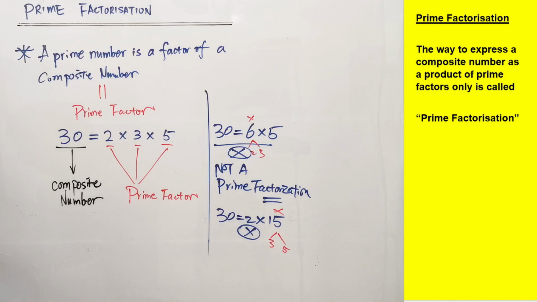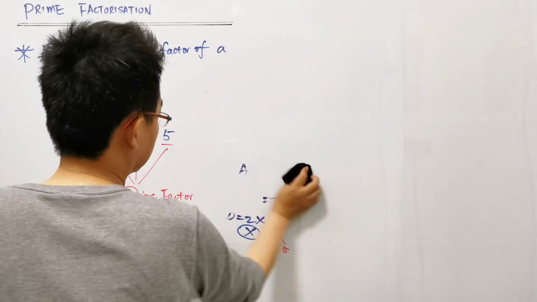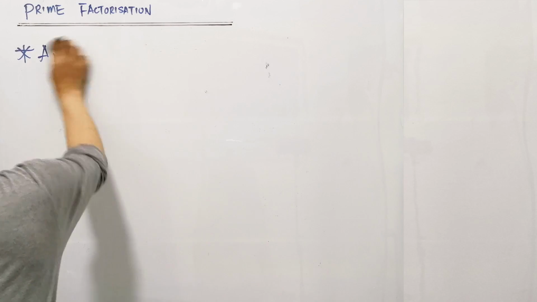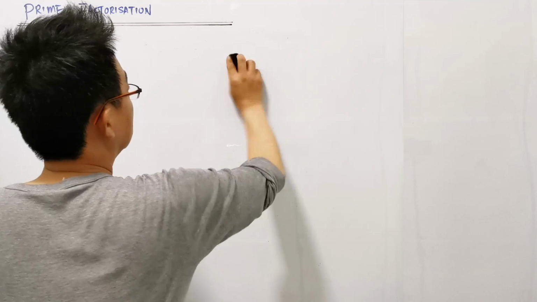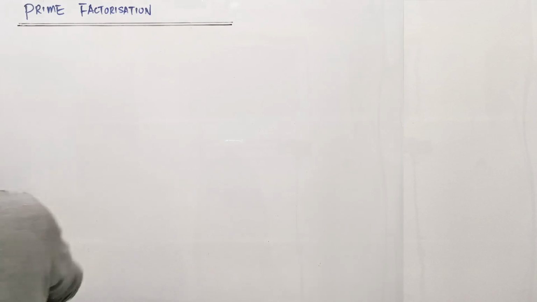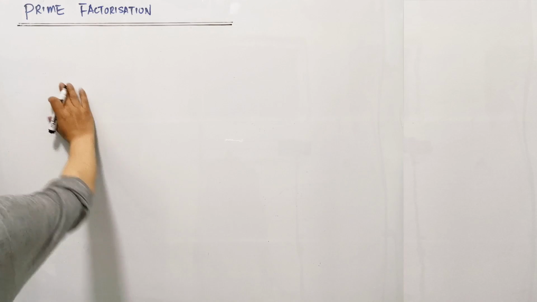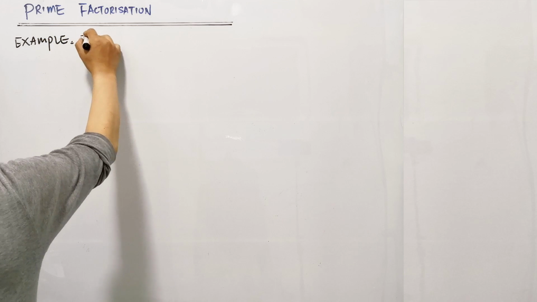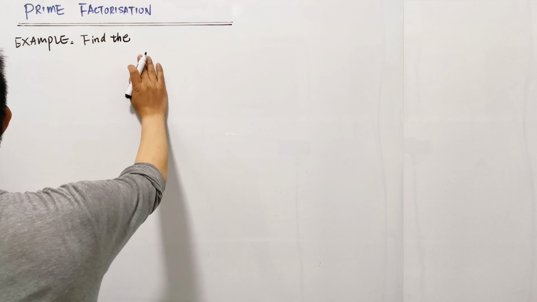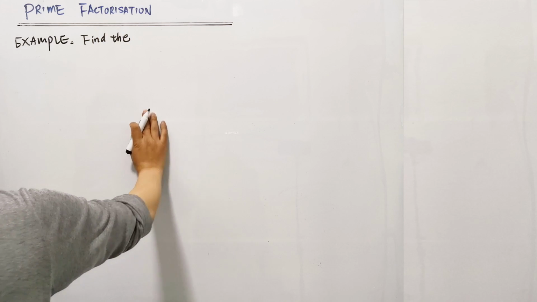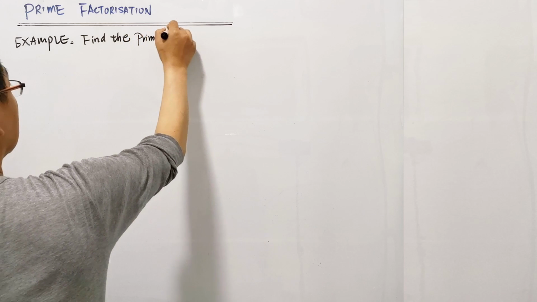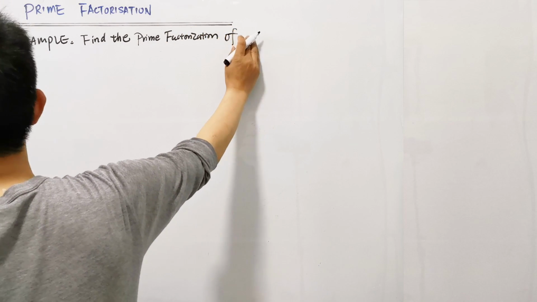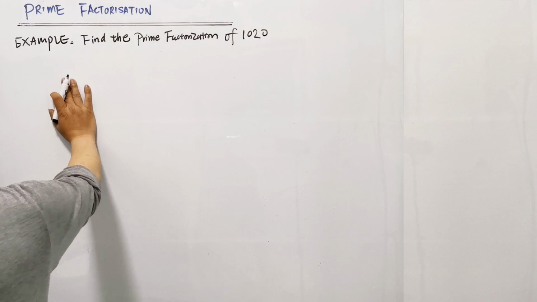Let's give an example. We have an example to find the prime factorization of 1020.